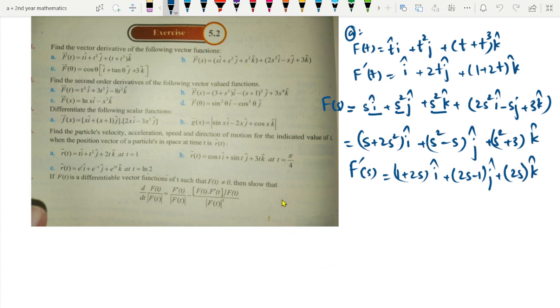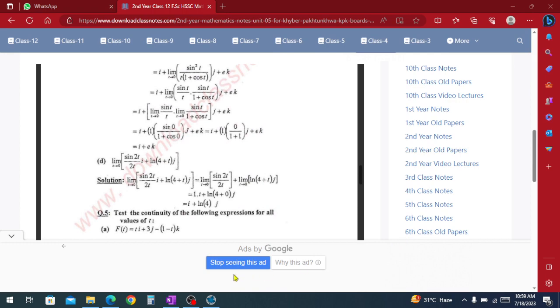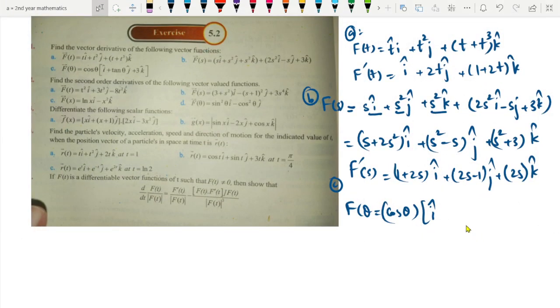Similarly, the next part is f of theta. This is part A, this is part B, and this is part C. F of theta is equal to cos theta i plus tan theta j plus 3k, multiplied by cos theta.